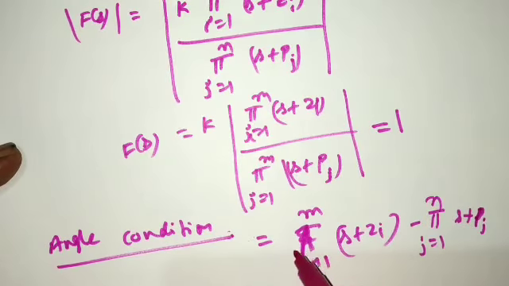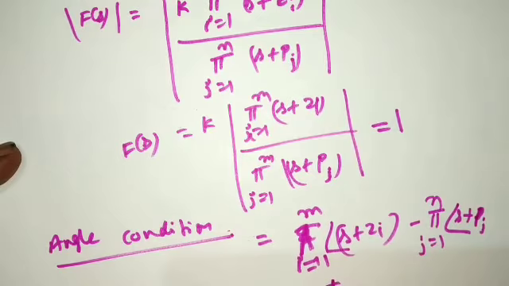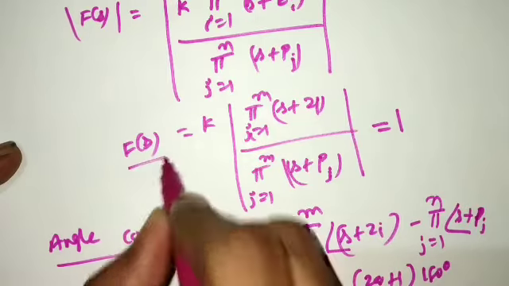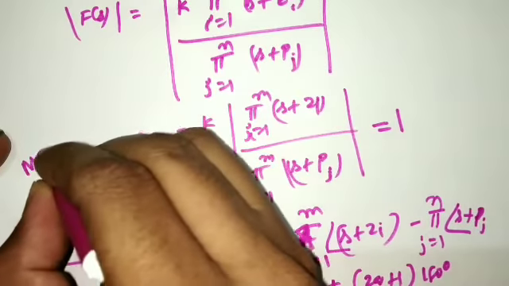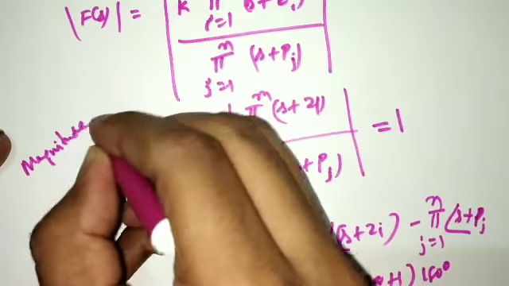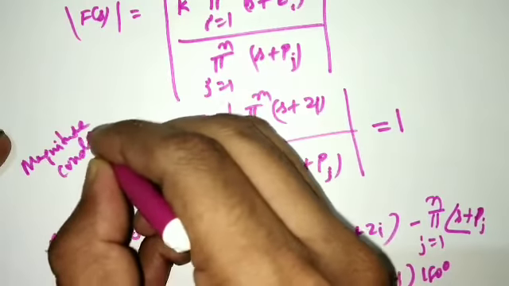So this is one angle and this is the other angle. This is equal to plus or minus (2q plus 1) 180 degrees, an odd multiple of 180. So this is the angle condition, and the other is the magnitude condition.